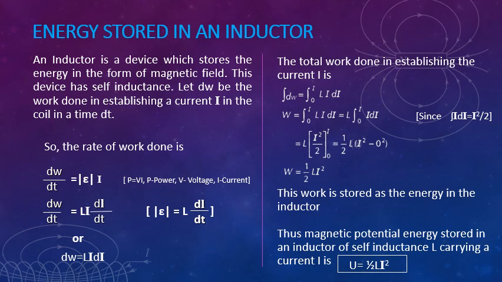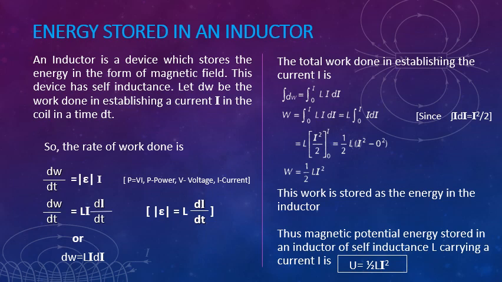Therefore, integral dW is equal to integral L I di with the limits 0 to I. We know that integral dW is equal to W. Therefore, W is equal to L into integral of I di with the limits 0 to I. We know that integral I di is equal to I square by 2 by using mathematical formula.